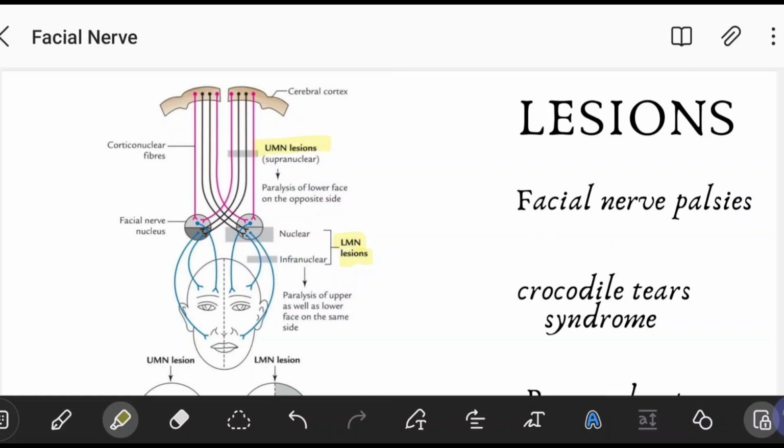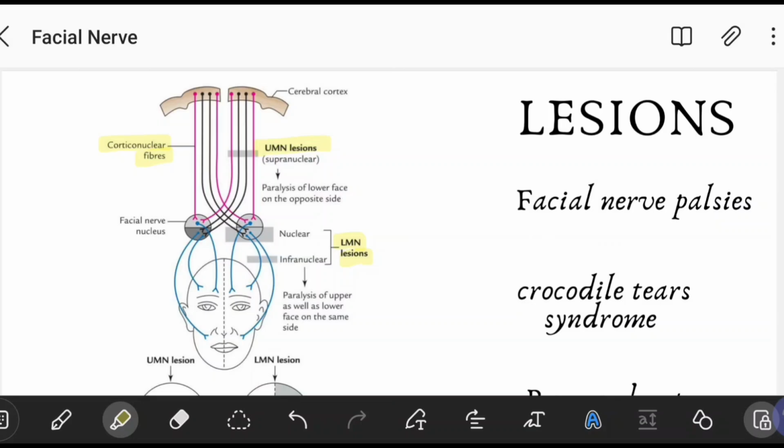Alright, so remember, the cortical areas of the brain will regulate the pons via something called corticonuclear fibers. So brain to the pons, that region, if there is a lesion, it's called an upper motor neuron lesion.